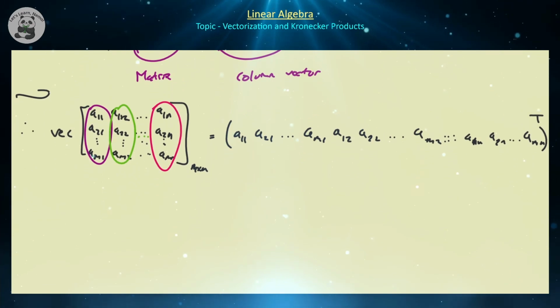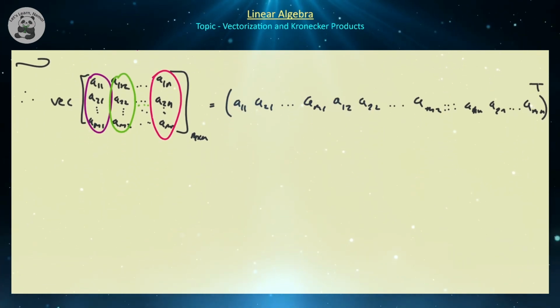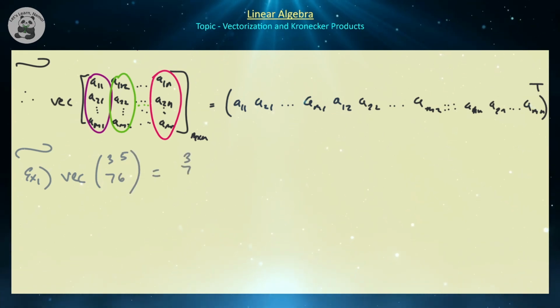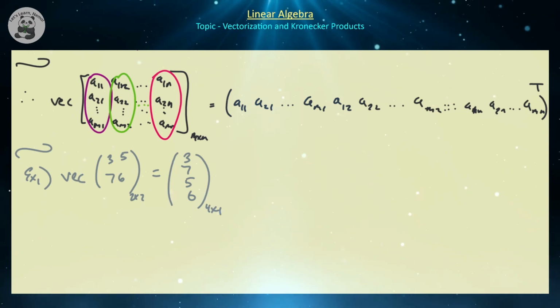So let's look at a couple numerical examples just to make sure we understand this structure. First easy example, suppose we want to vectorize 3, 5, 7, 6. So our first column is going to be 3, 7, our second column is going to be 5, 6, and that's going to be stacked underneath one another. So this 2 by 2 matrix is mapped to this 4 by 1.